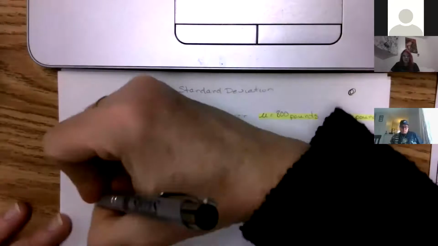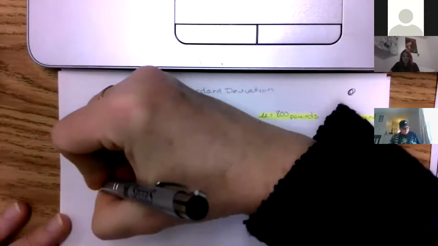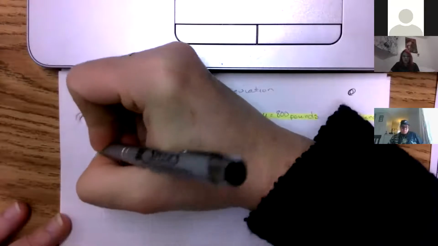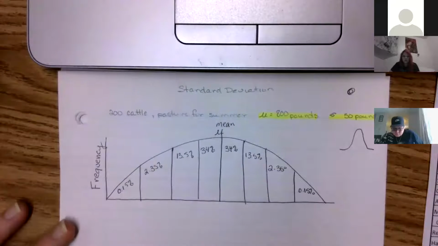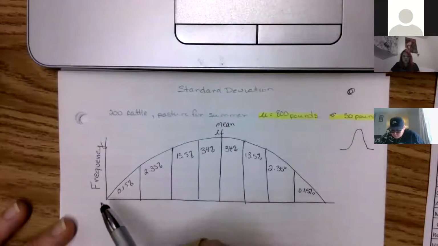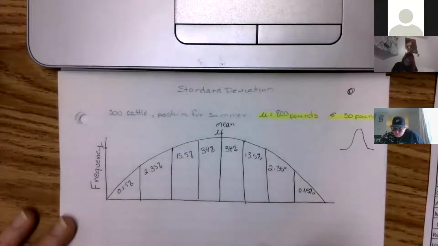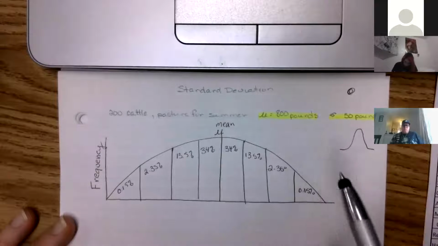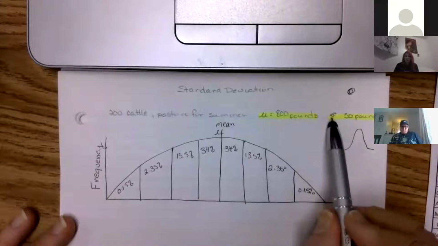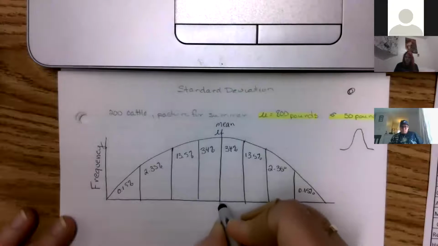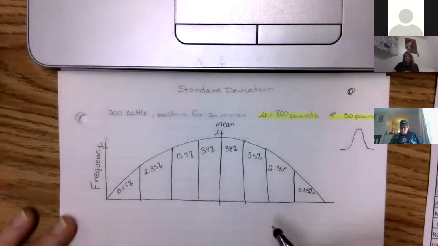This part, oh, I need one more thing. Okay, so this is a little bit like a histogram, except it's a curve instead of bars. All of this is identical every single time. Anytime you see mu and standard deviation, you start by doing this. The only thing that changes is what goes along the bottom.